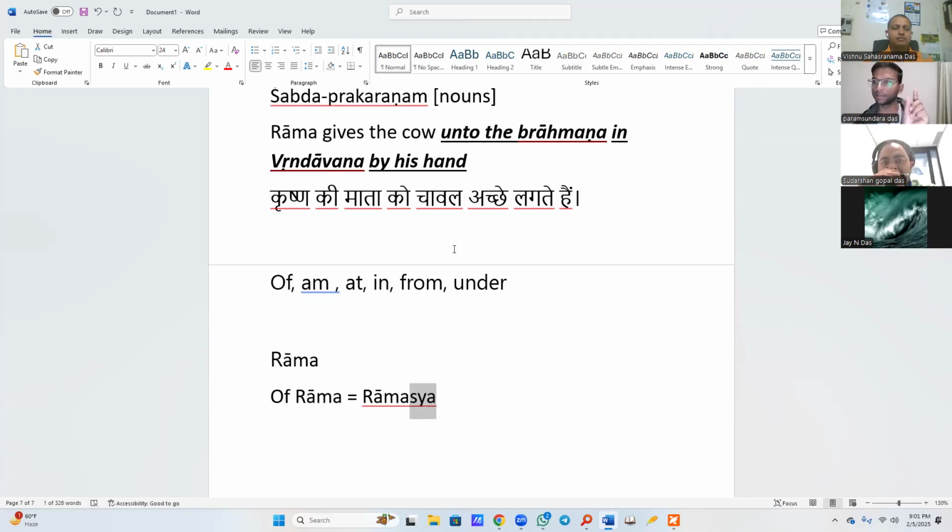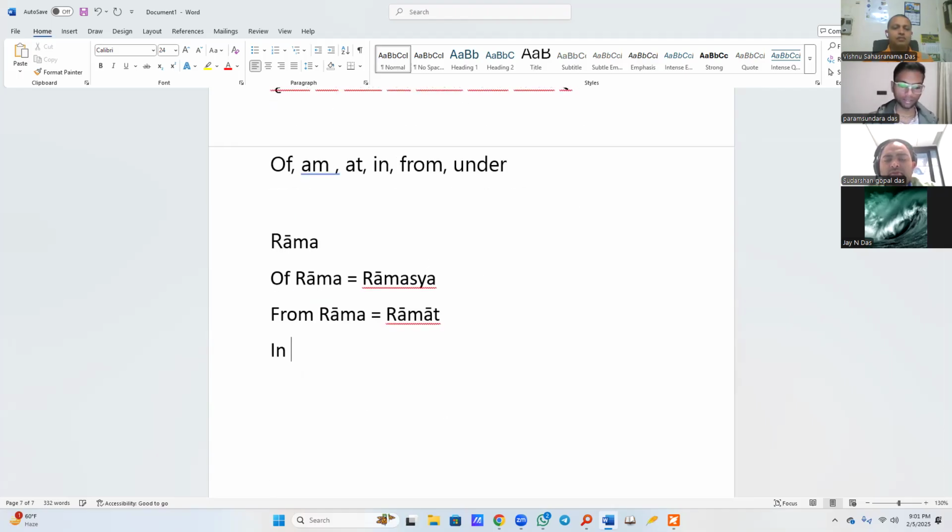You see? Similarly, if I want to say "from Rama," it will be Ramat. If I want to say "in Rama," it will become Rame. "By Rama" will become Ramena, ityadi. I hope this is understandable.